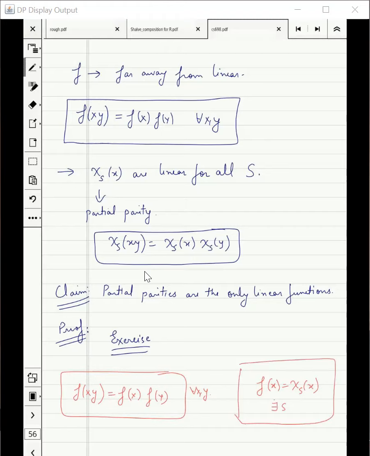Because these are the only linear functions. We have not shown that these two definitions are equivalent, but if you do this exercise, then you would have shown that. Udit, were you saying the same definition or did you have a different definition in mind?